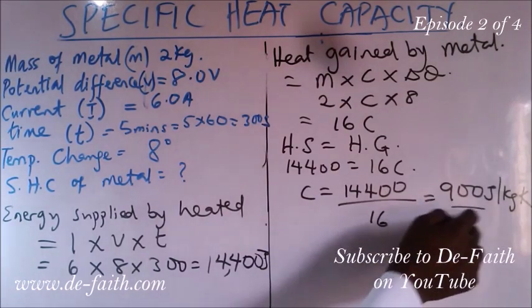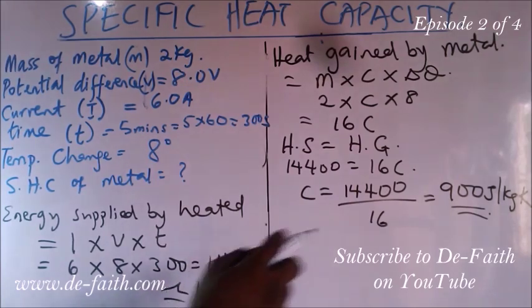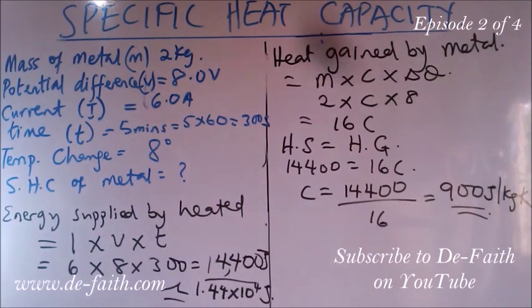So here is the specific heat capacity of the metal. First question says that we should find the quantity of heat that was supplied, and here we have it as 14,400 joules, which could be taken as 1.44 times 10 raised to the power 4 joules, while the C is the specific heat capacity.